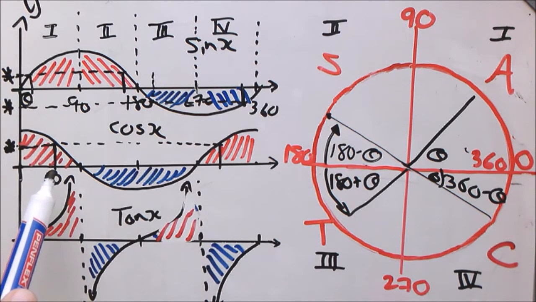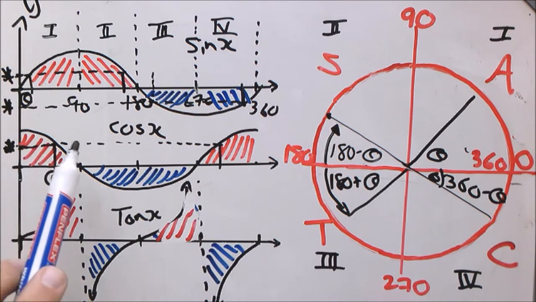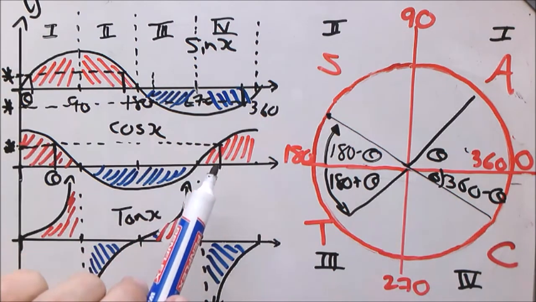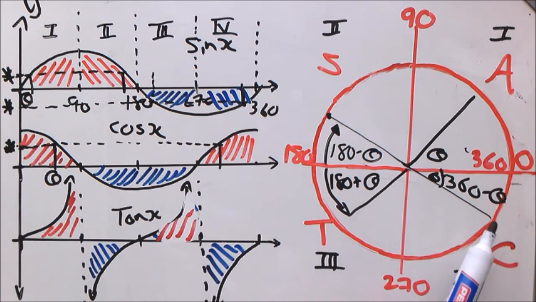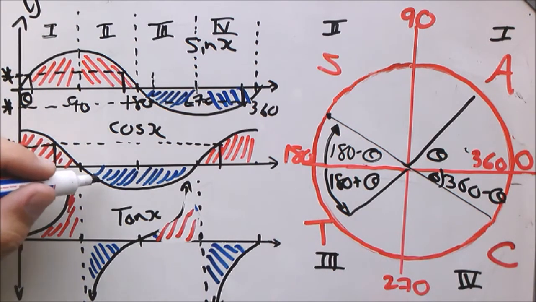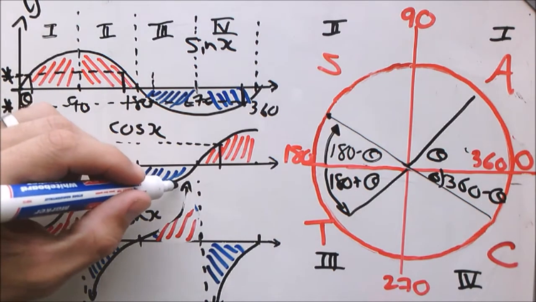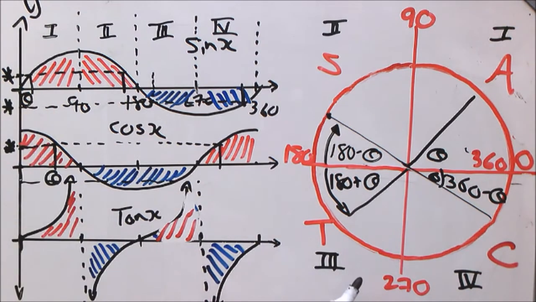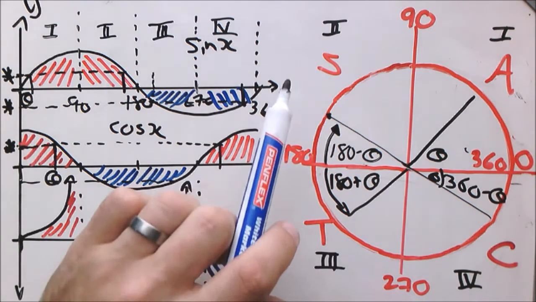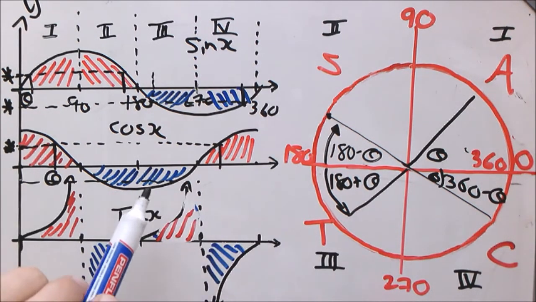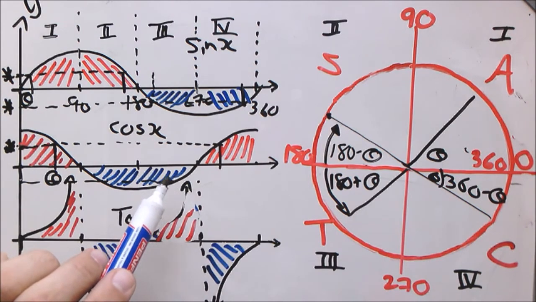So the same value that we would get in the first quadrant we'll get in the fourth quadrant. And it's indicated there with the C as well. But for the second and the third quadrant, we'll get the same magnitude except it will be a negative number. And you can see that in the graph as well.